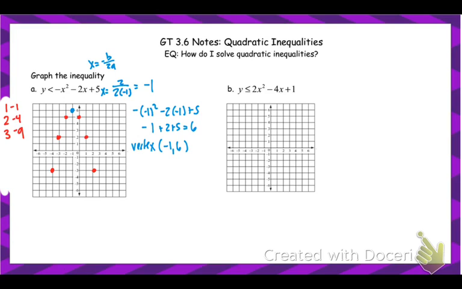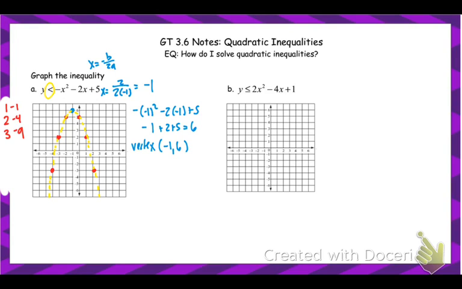So now what we need to remember is we're not actually graphing just the quadratic, we're graphing the inequality. So I need to consider that this is y is less than, so that means it's going to be a dotted line. And then I need to figure out my shading. So very similar to what we looked at with our regular inequalities. If it's less than, we shade below.